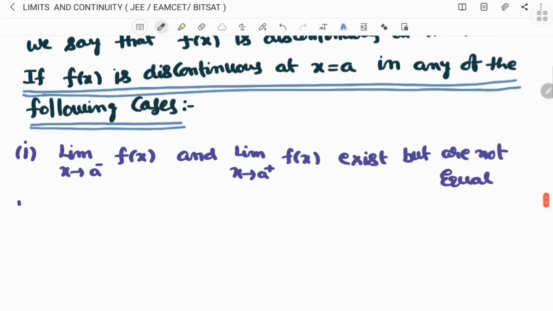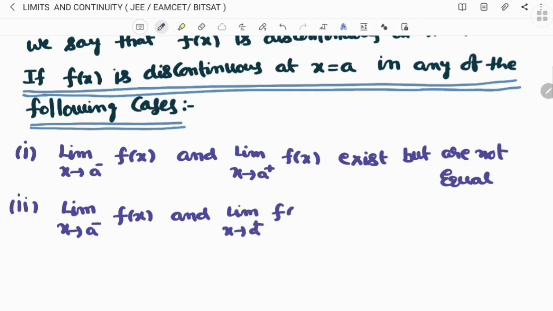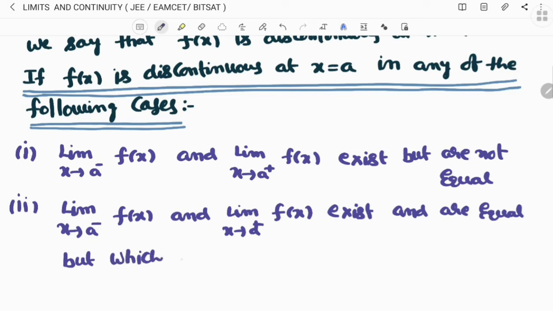Come to the second one. Limit x tends to a minus f of x and limit x tends to a plus f of x both exist and are equal, but are not equal to f of a.